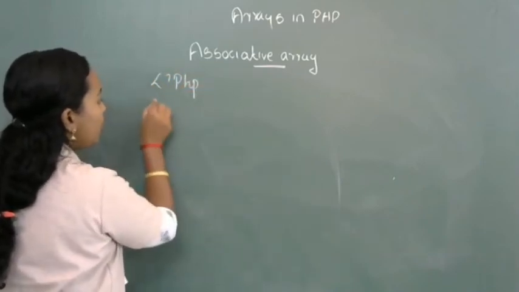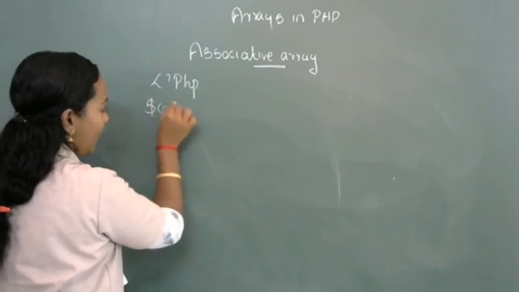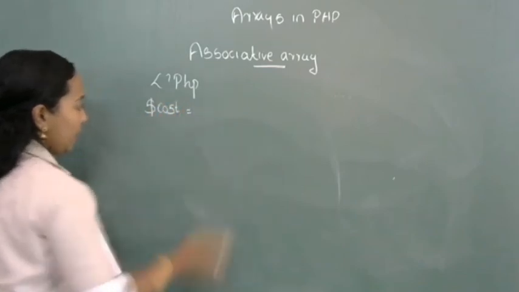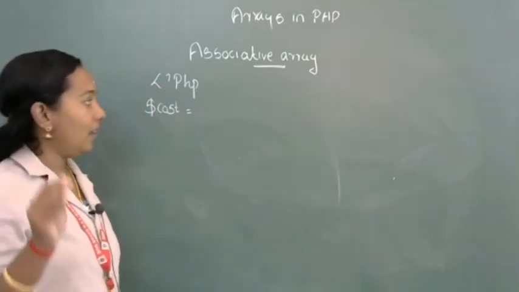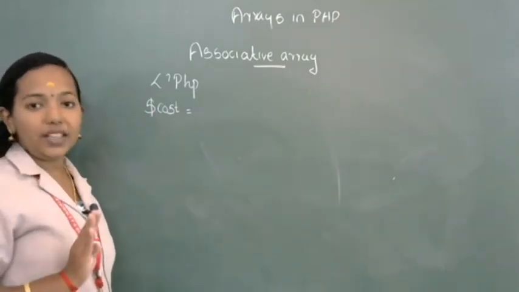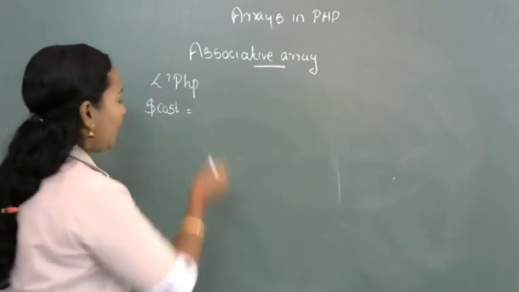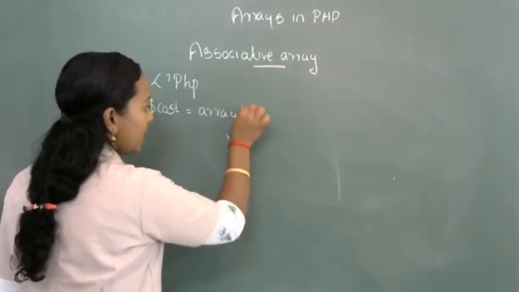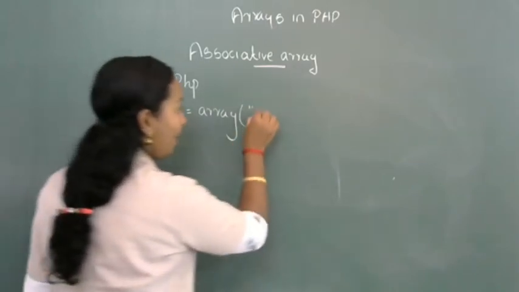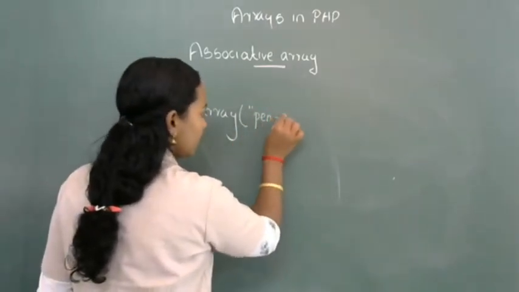I am going to create an array, what is the array name? Cost. I am going to mention different items along with their prices. $cost array. First item is pen => 10.